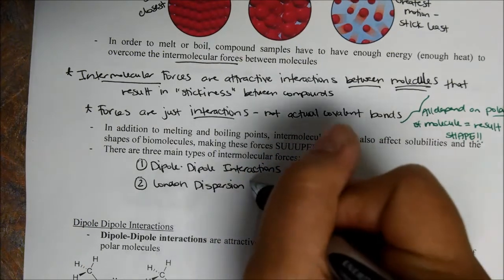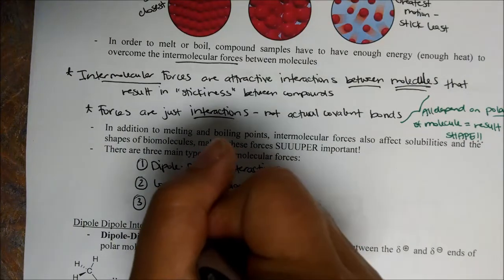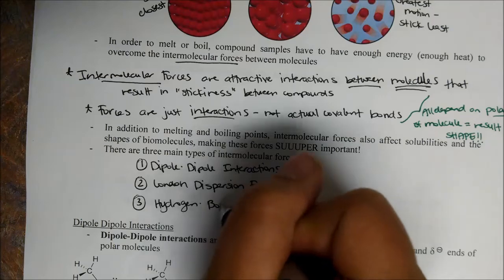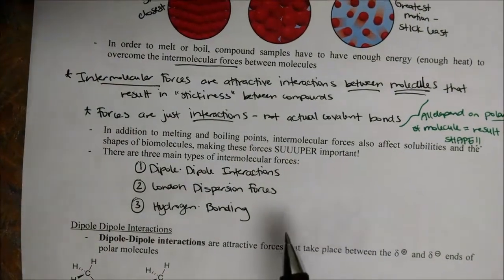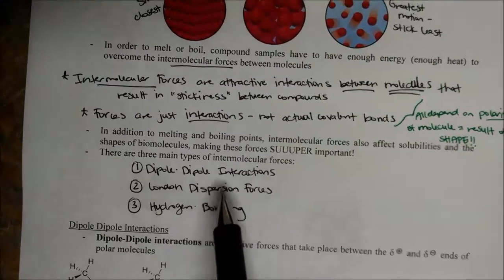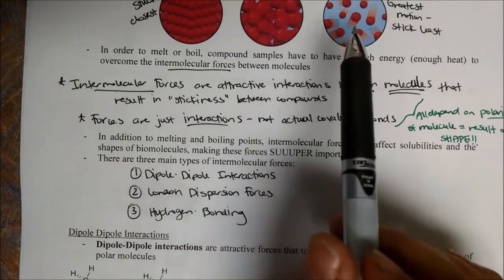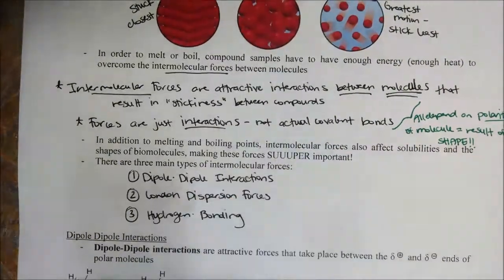And finally, the strongest one is hydrogen bonding. So we'll talk about all these three, and they either reinforce one another or they are all interacting in a molecule to, again, interact between molecules and kind of hold them together in a stickiness. And so we have to overcome that to change phase each time.